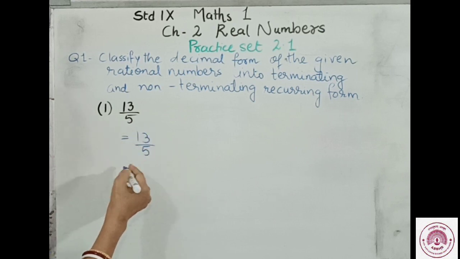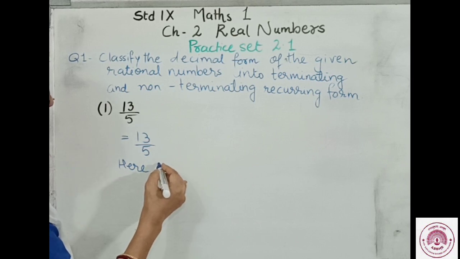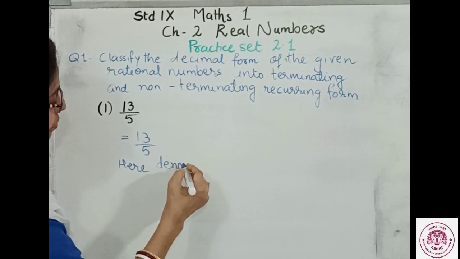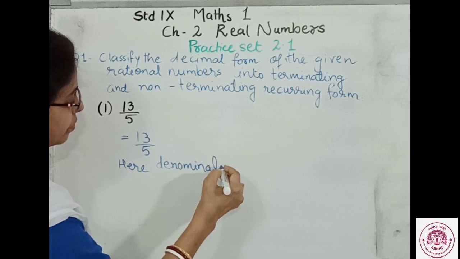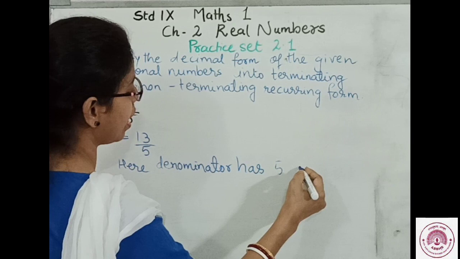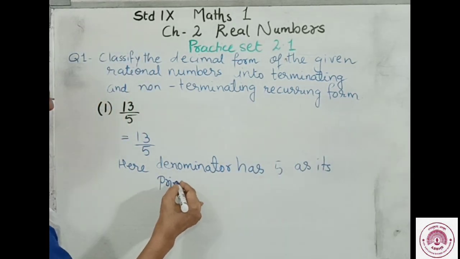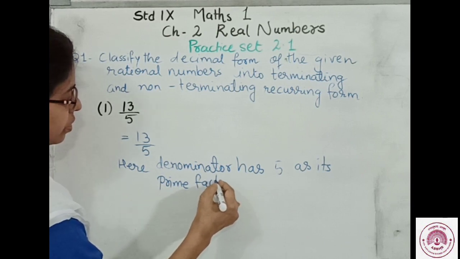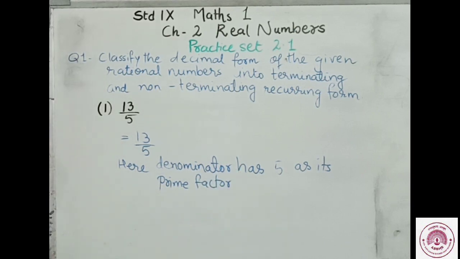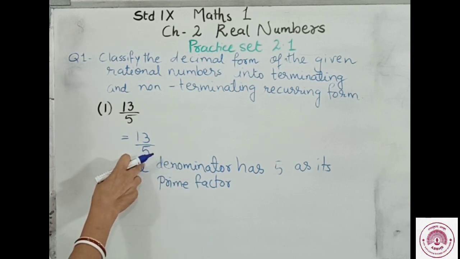Now here we can say that the denominator has 5 as its prime factor. And as per the rule, if the denominator has factors 2 or 5, it has a terminating decimal expansion.